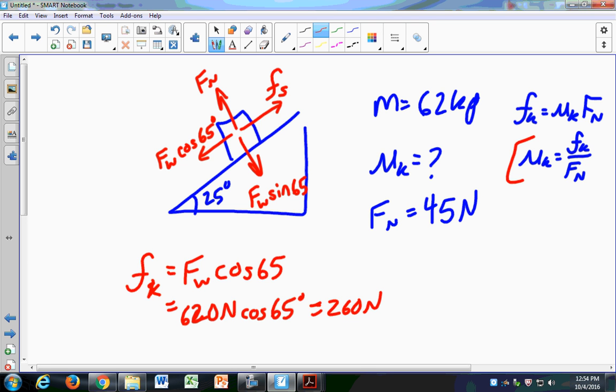Oh, okay, I'm sorry. I read the problem wrong. Y'all ever done that before? Read the problem wrong? It's not the normal force that's 45, it's actually the kinetic friction that is 45. Okay, I'm sorry.